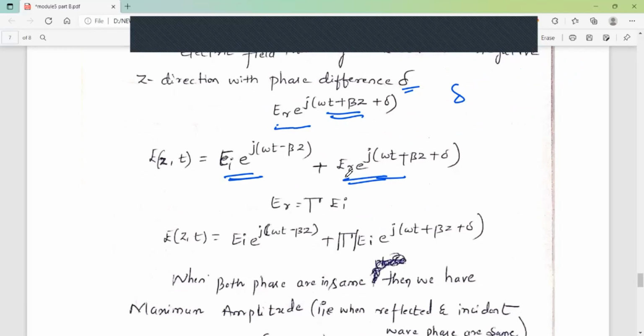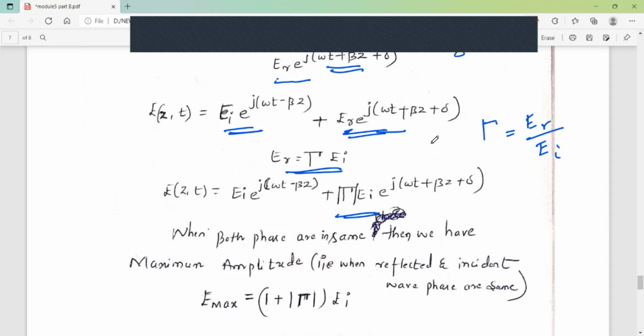Now the reflected wave: we know already that the reflection coefficient is equal to ER by EI. From here, we can see ER is nothing but reflection coefficient times EI. That has been written over here. So we are putting this ER as reflection coefficient times EI.